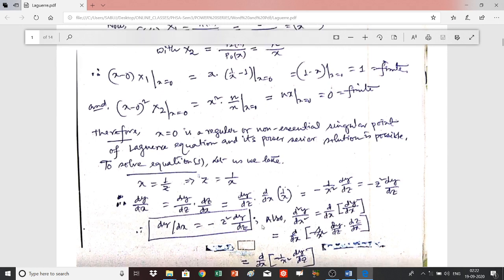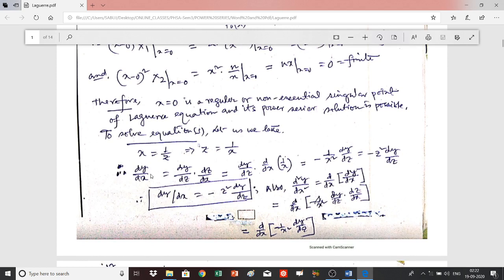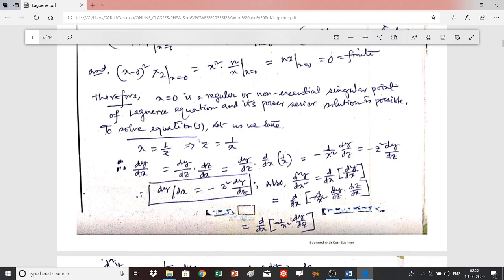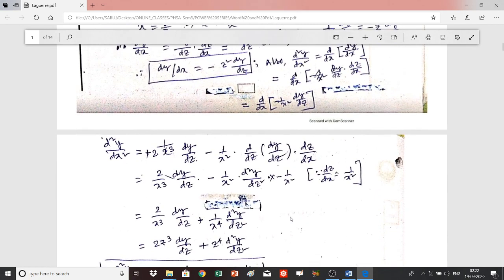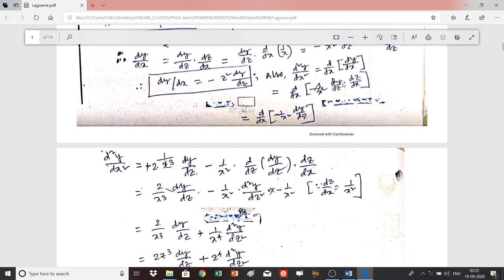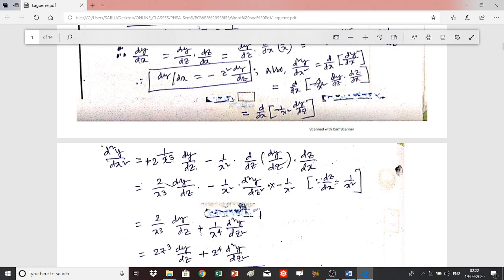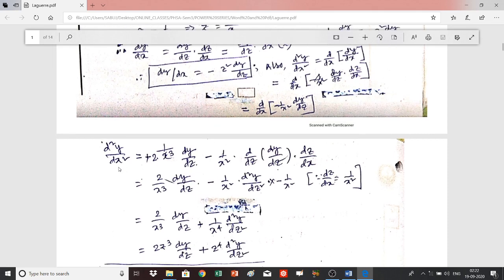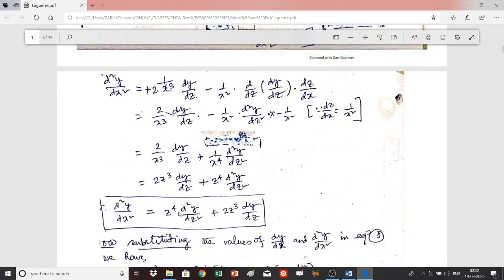And also now we have to find the value of d2y/dx², and the entire calculation starts from here and has ended here. Just go through these lines, complete calculations are given here, so it will not be very difficult to understand that the value of d2y/dx² ultimately becomes z⁴ d2y/dz² plus 2z³ dy/dz.